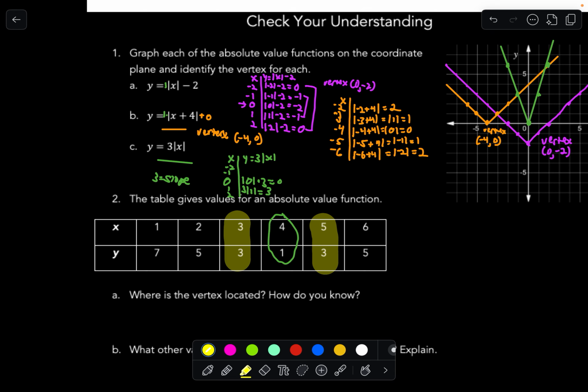That's 1 unit on either side of the vertex, the point I circled, which turns out to be the vertex. And if we go over 1, 2, we're at 5. So this turns into 6, 5. And if we go over to the left, 1, 2, we have 2, 5.